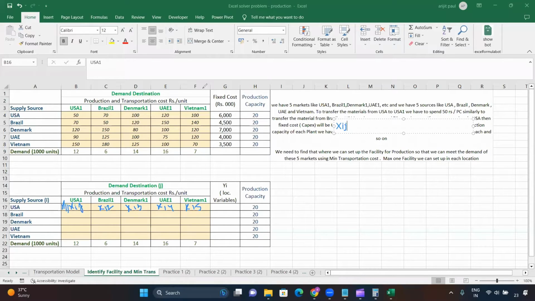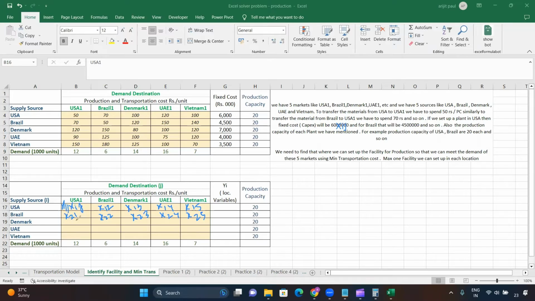Similarly, here we can mention X21. 2 is the source, that is Brazil, and 1 is the destination. Then X22, X23, X24, X25.